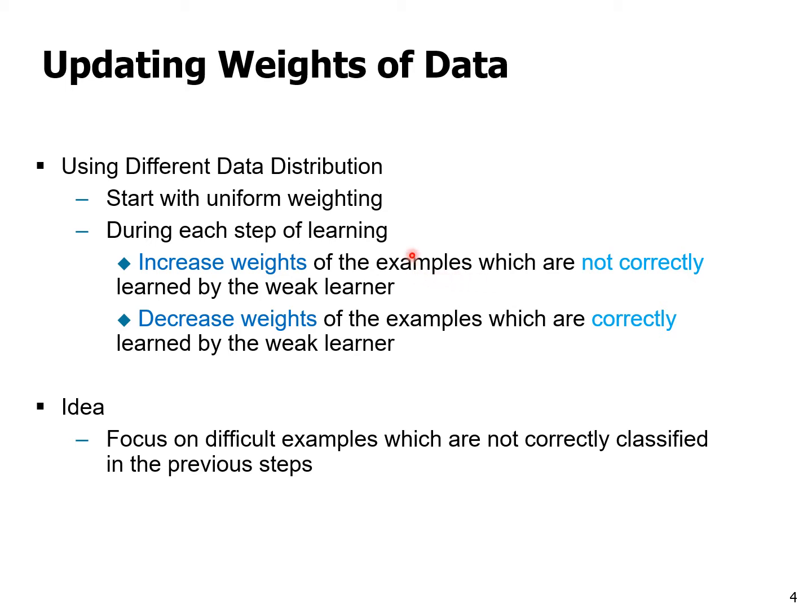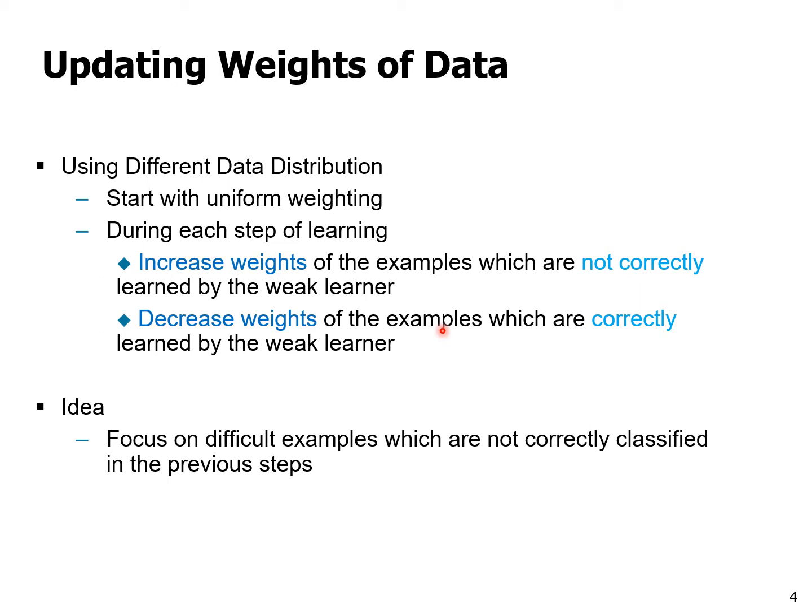If this data is not correctly classified, then you focus on this example by increasing the weight. And suppose this example is correctly classified, then you know the answer. This problem is solved, so by decreasing the weight, this data is less likely to be selected next round.